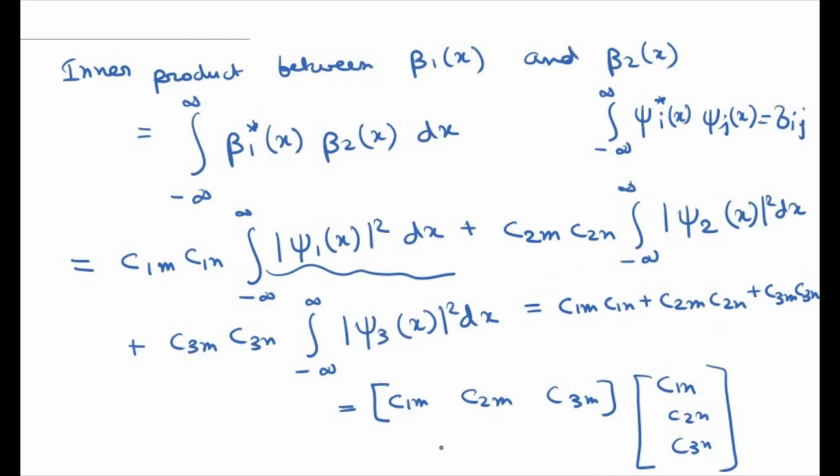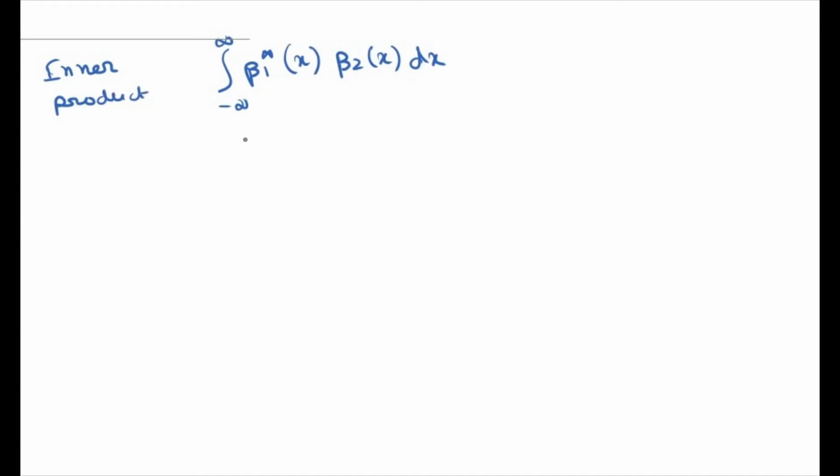Now, as I said, this inner product here is basically an integral of beta 1 star x beta 2 x over space. So this is the inner product of two wave functions. We have already noted that we write this in the Bra-ket notation, or Dirac's notation.